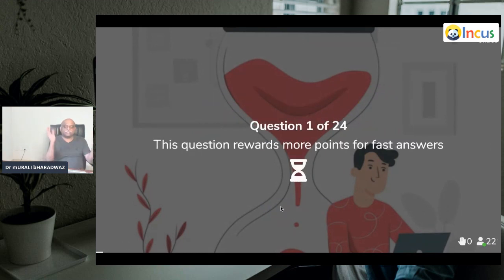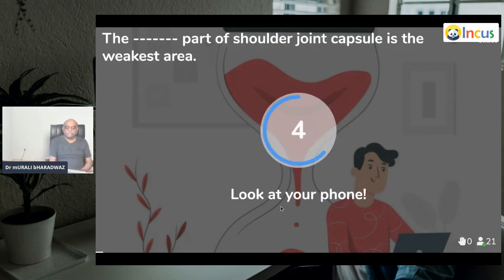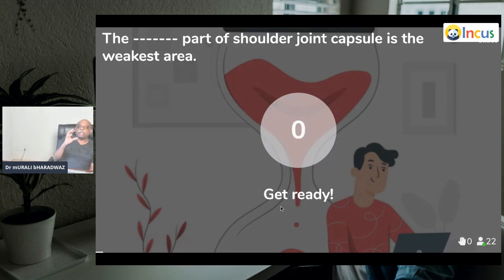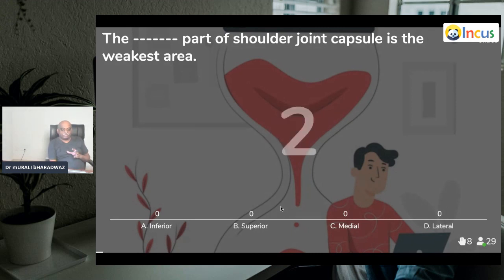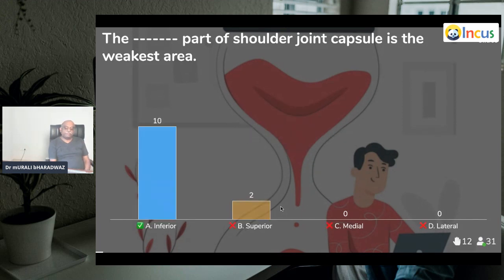Let us start. Question number 1, orthopedics. Which part of the shoulder joint capsule is weakest? Punch your answer. Excellent.